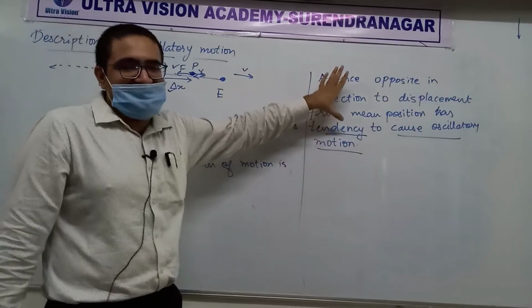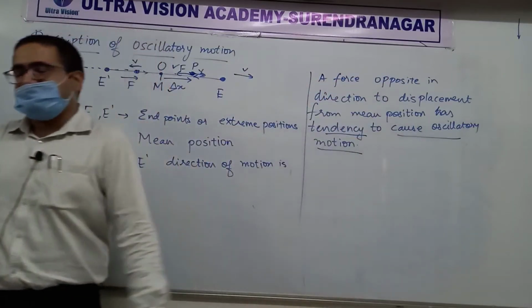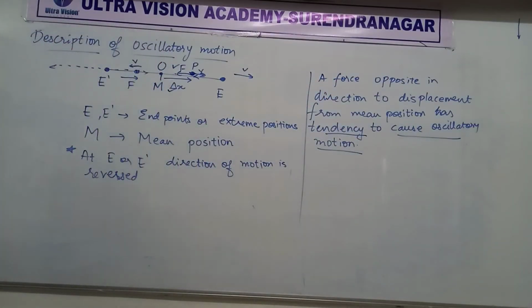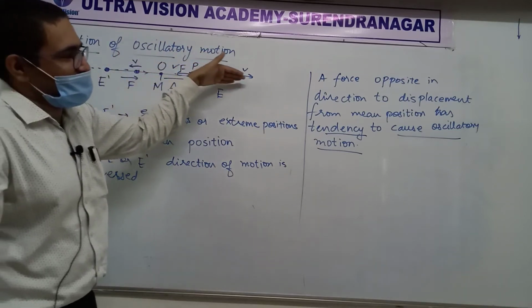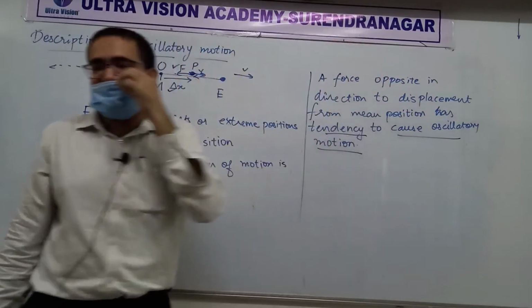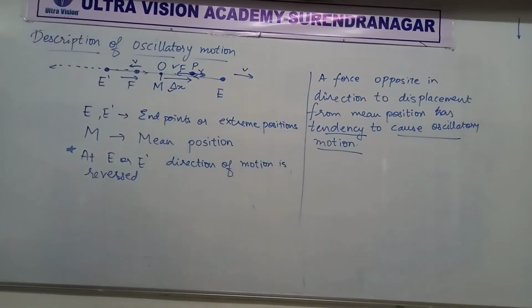And it's completely clear to you? If there is no such force, there will not be oscillatory motion. The particle will just keep on going further and further. It will never come back.